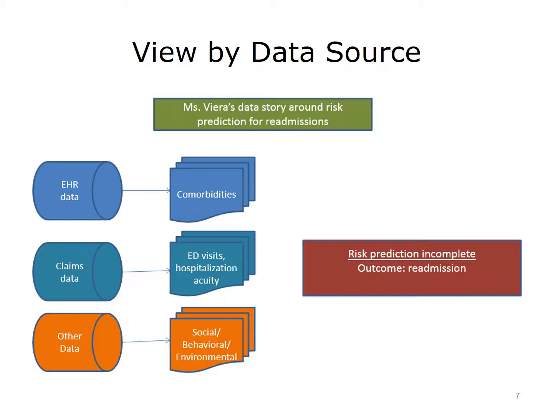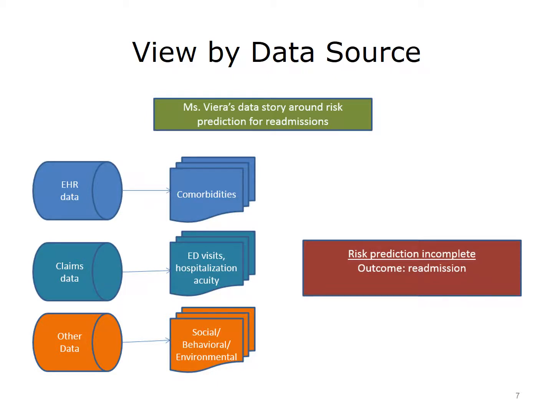For instance, when we are predicting risk of readmissions, comorbidities are helpful to understand if the patient's health is complicated by multiple other diseases. The claims data, which are the set of bills for healthcare, may contain other equally important information. Information about ED visits, the acuity of the hospitalization, and final diagnoses may only be available through these claims, since the hospital may be on a different system.